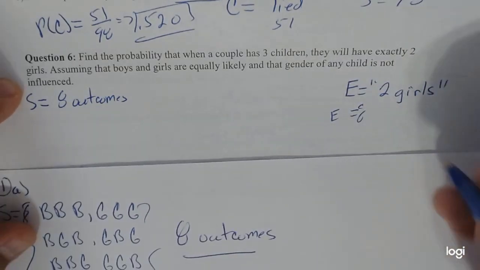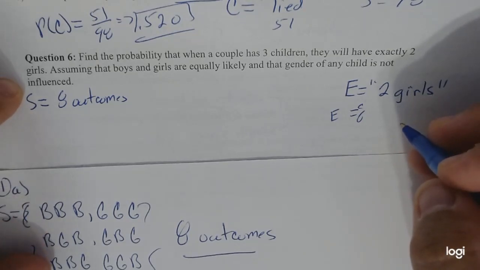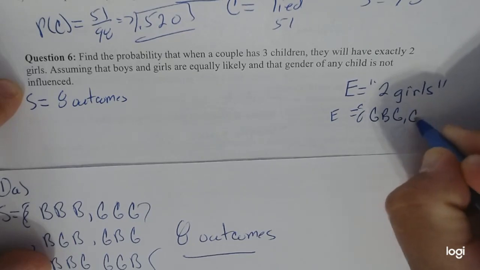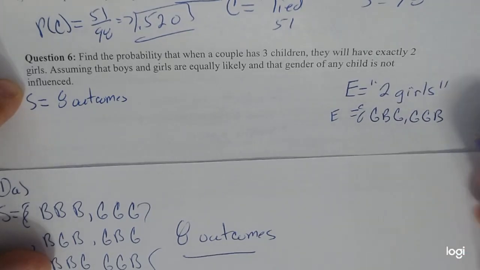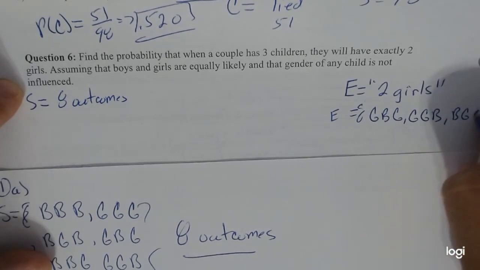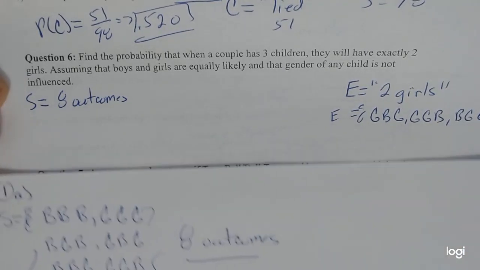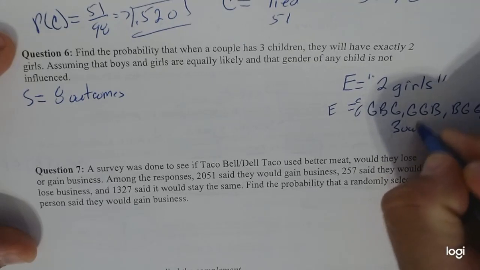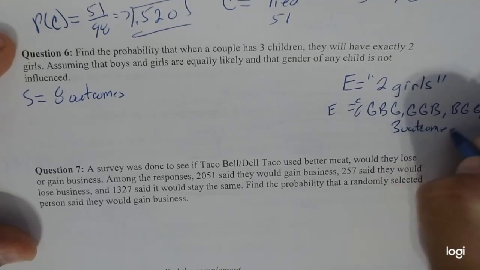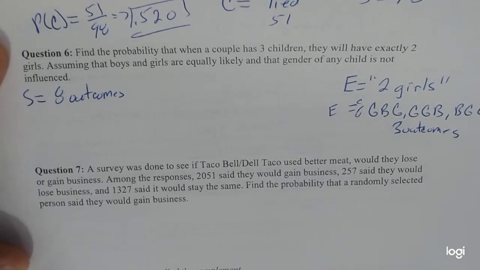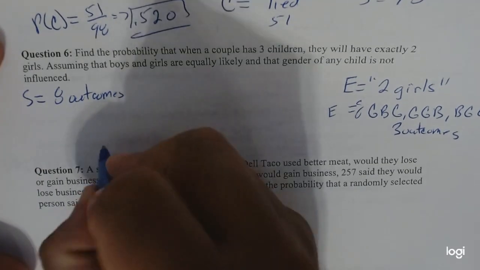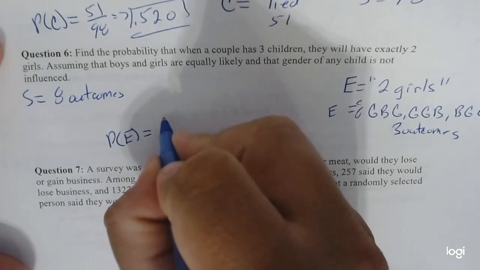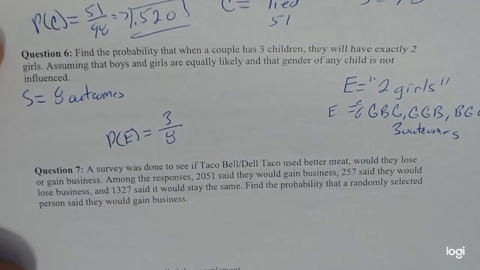Having 2 girls, we had girl, boy, girl; girl, girl, boy; and boy, girl, girl. Those are the ways we can have 2 girls, and this is 3 outcomes. So the probability out of 3 children is 3 ways out of a total of 8 outcomes, or 3 over 8.